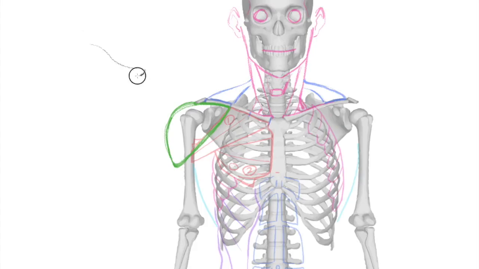Let's say this is the shoulder muscle, and this is the chest muscle.